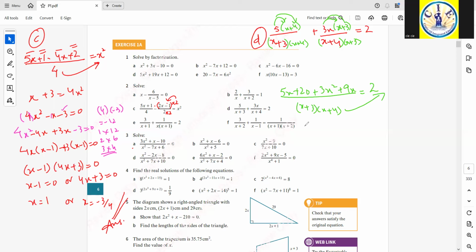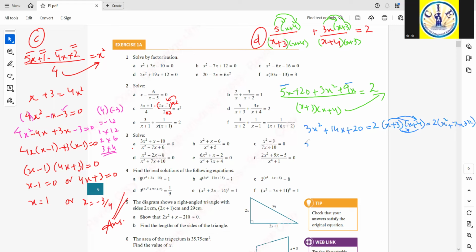Now shifting this to this side, this would be 3x squared plus 5x plus 9x, 14x plus 20, and on the right side I need to have 2 times x plus 3 times x plus 4. Now multiplying them together, 2 times x squared, then 4x, then 3x, which is 7x, and 3 4s are 12.